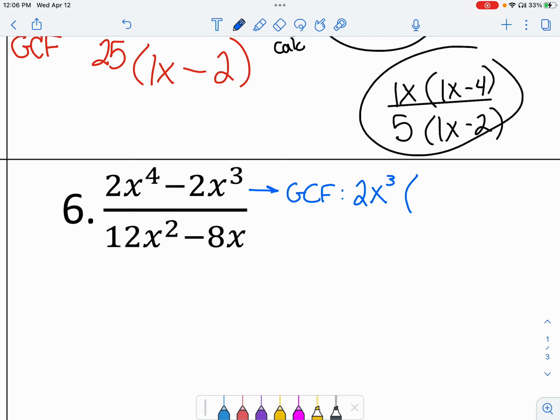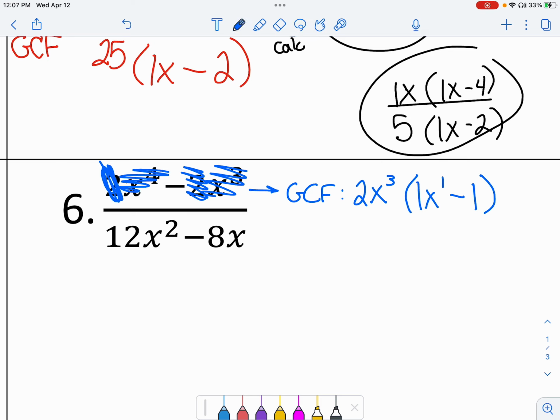You always pick the one with the lower exponent. So I'm going to do, okay, 2 divided by 2 is 1. x to the fourth, take away x cubed is x to the first, minus 2 divided by 2 is 1. x cubed, take away x cubed, no x's left.